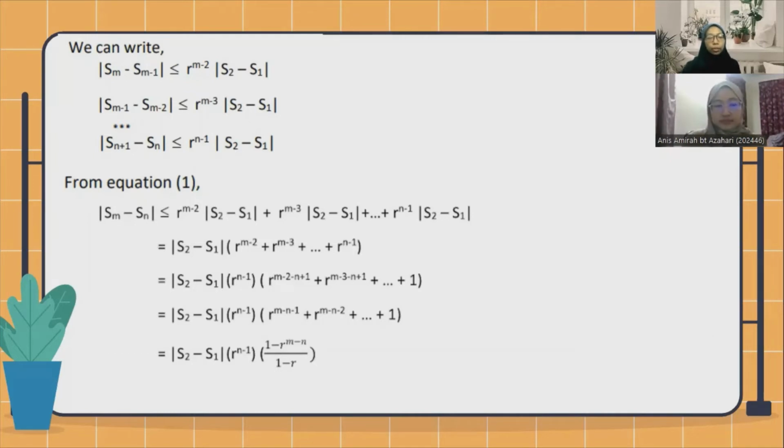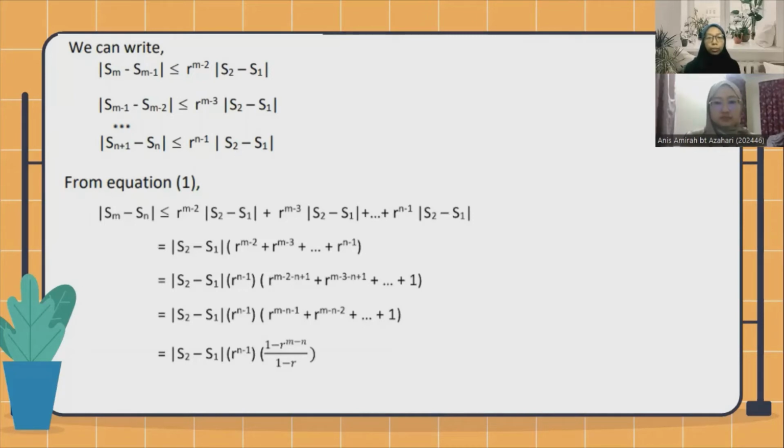Okay, so from equation 1, you can write |S_m - S_n| is less than or equal to r to the power of m minus 2 times |S_2 - S_1| plus r to the power of m minus 3 times |S_2 - S_1| plus etc., until r to the power of n minus 1 times |S_2 - S_1|.